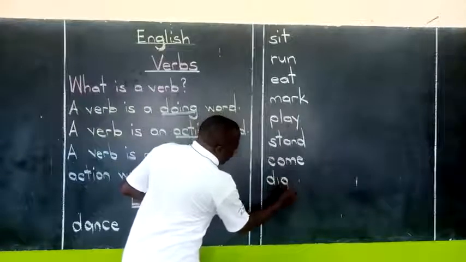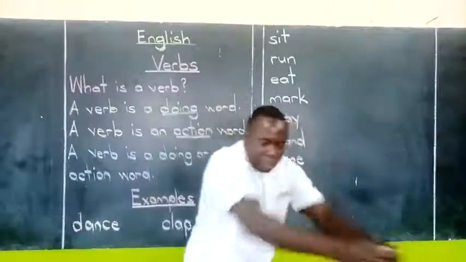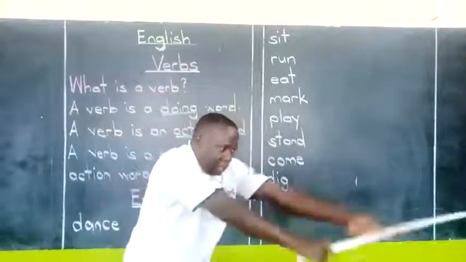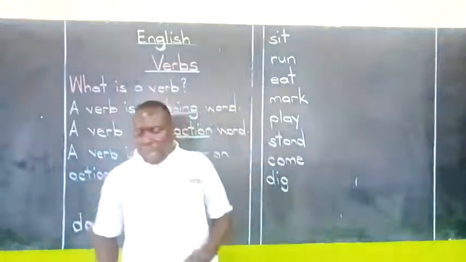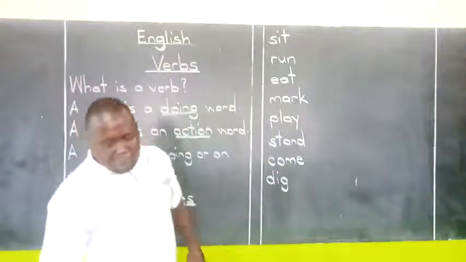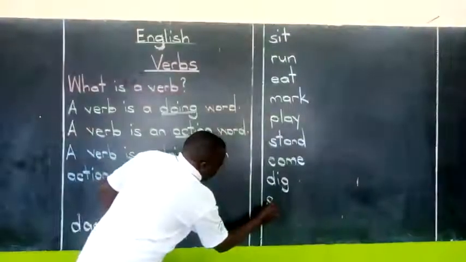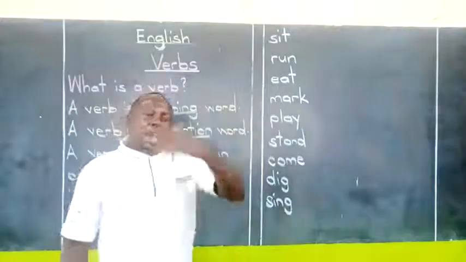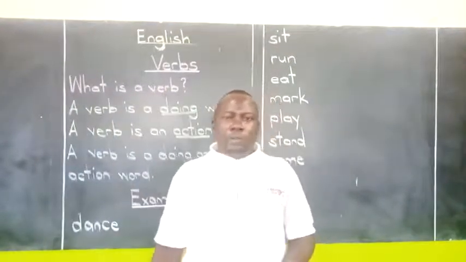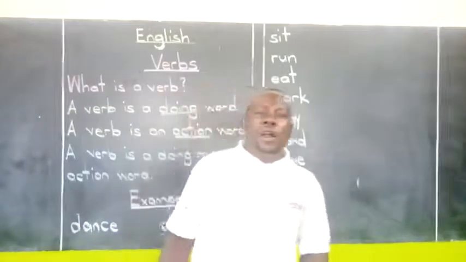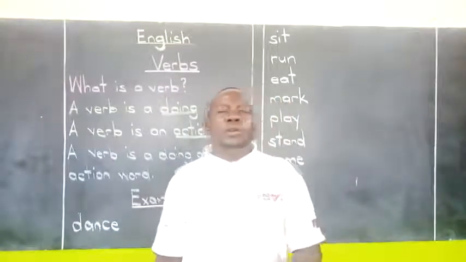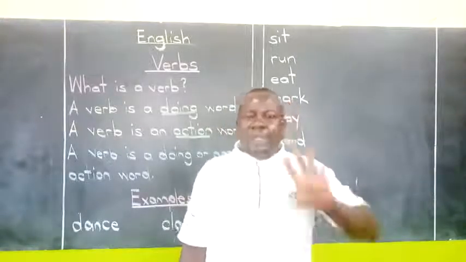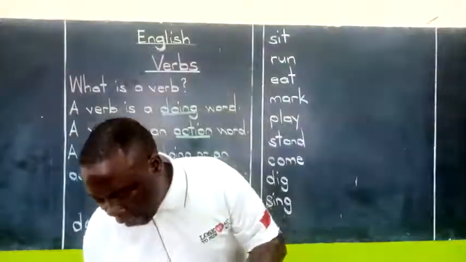We have dig. Most of you don't like digging. So you get a hoe and begin digging. So dig. Action with the word. We have sing. Sing with the action. Singing, you say it with an action.